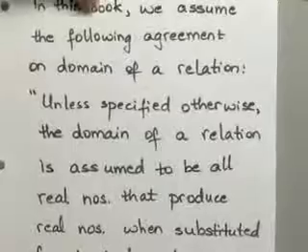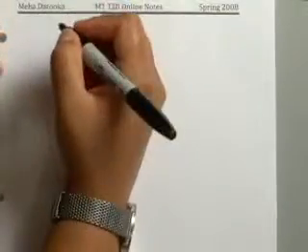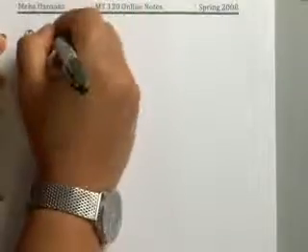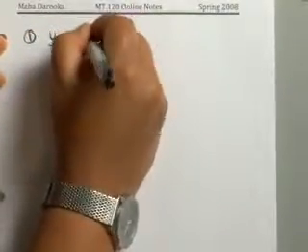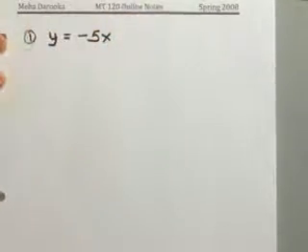So let's try and understand this agreement just a little bit better, and let's look at some examples here. Let's say we have this equation here, y equals negative 5x.